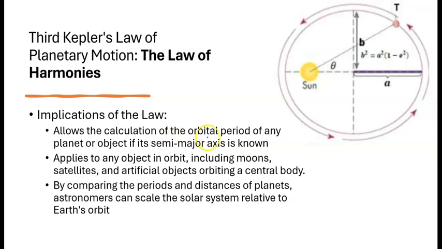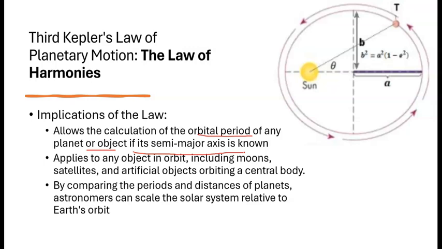The implication of this law is that we can calculate the orbital period of any planet or object if we know its semi-major axis. It does not just apply to planets, but this law also applies to the moon.